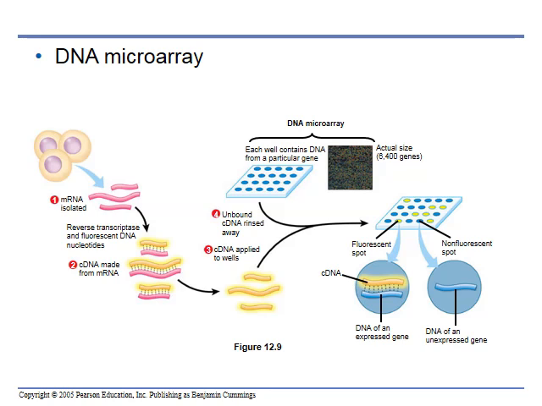So we put it on a grid, and in the cartoon version you can see it, but the actual size is 6,400 genes. So it's a microarray. There's a lot of them. You take these probes and put them on there, and the ones that fluoresce are the ones being expressed. Those are the ones that found the messenger RNA, or the complementary DNA, and are actually being expressed in that cell.